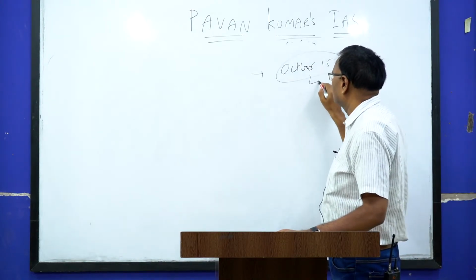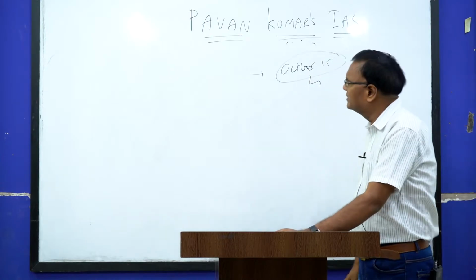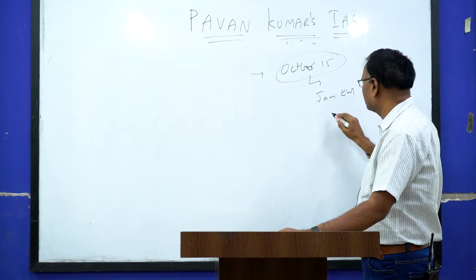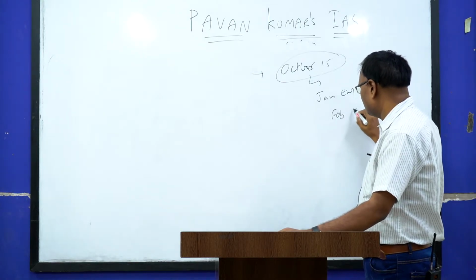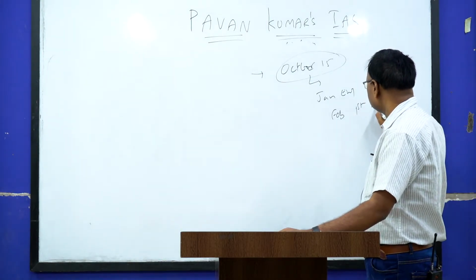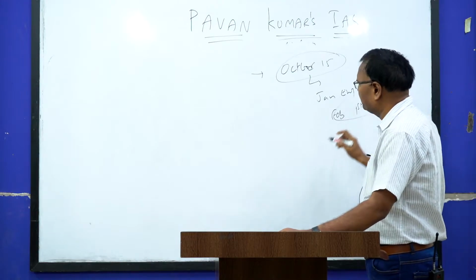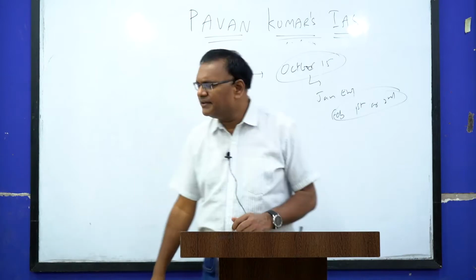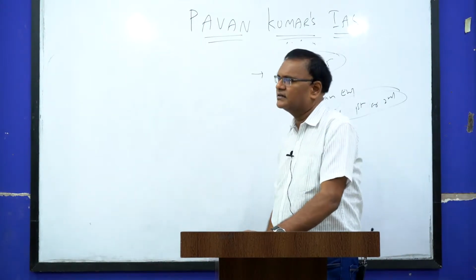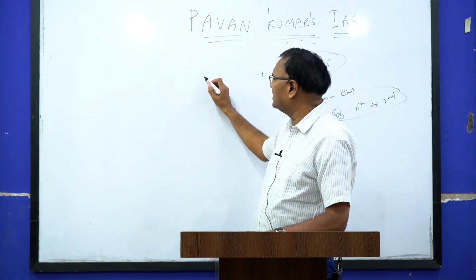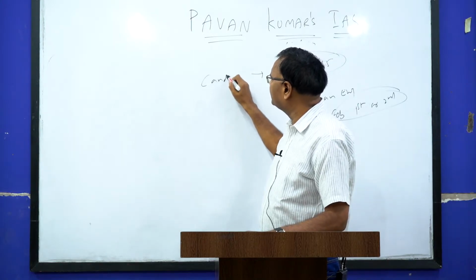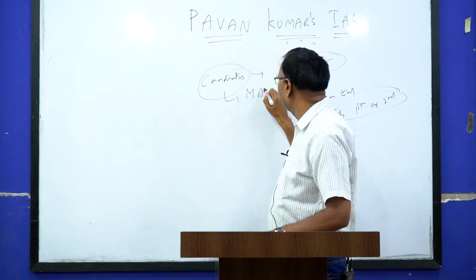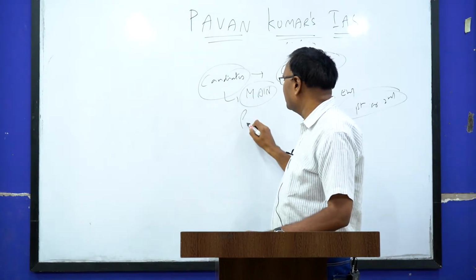Then you can expect the results in the month of January end or February first or second week. It can be end of February also. It depends on UPSC. And once the results are out, then UPSC will invite all those candidates who have cleared the main examination to attend personality test.